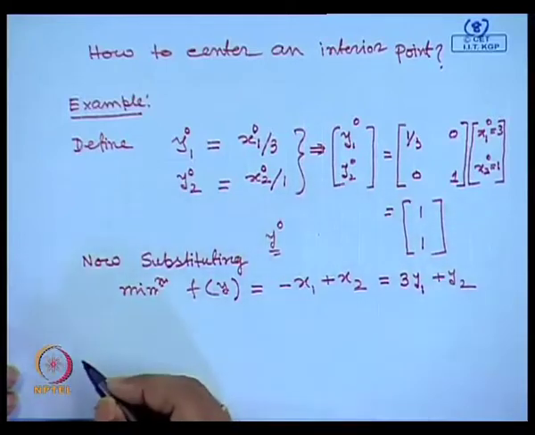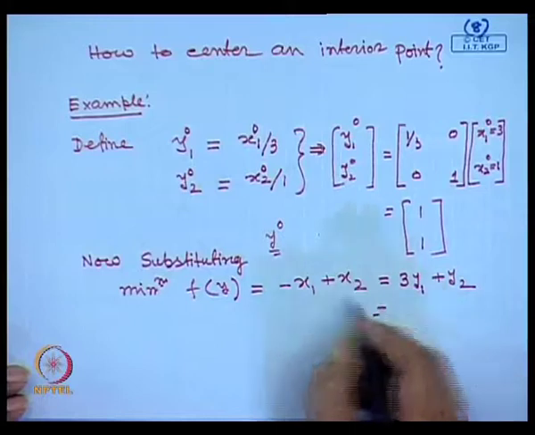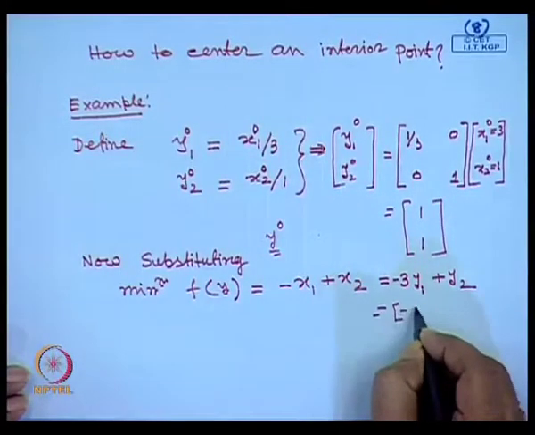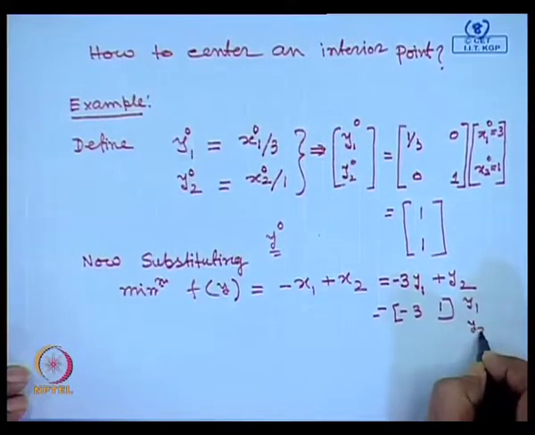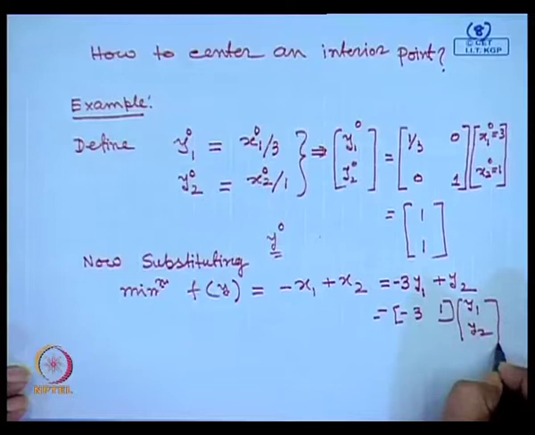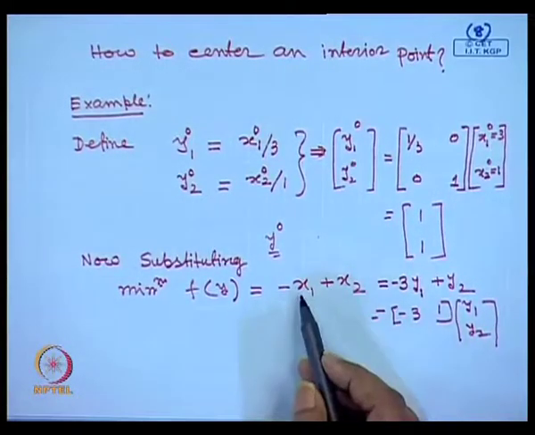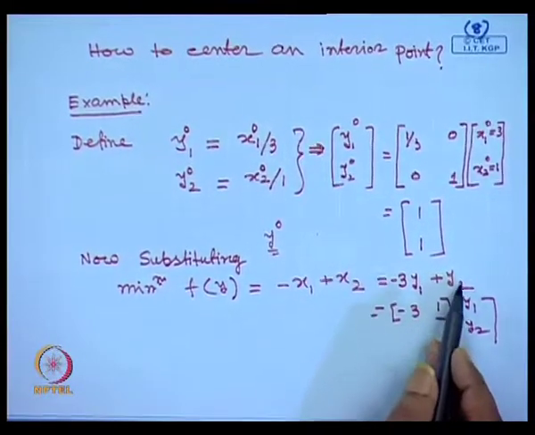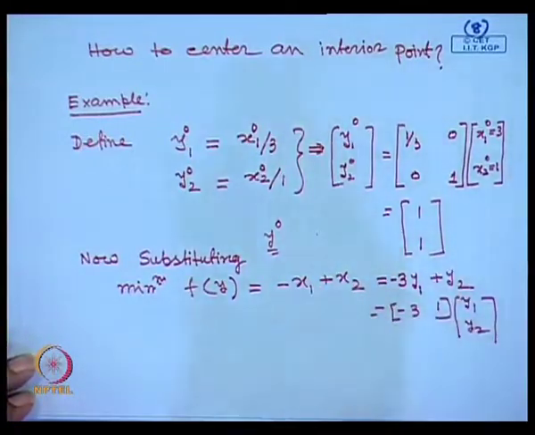So, I can write minus 3 y 1 plus y 2, and corresponding to this point x 0, it will be 3 y 1 0, y 2 0. Agree? In general, this is the transformation we made.